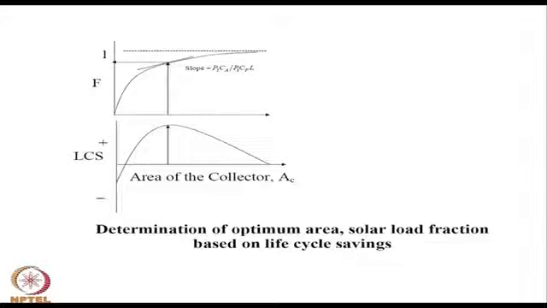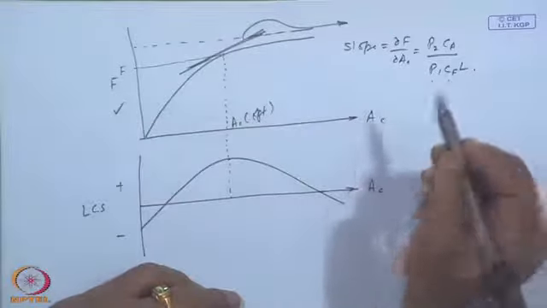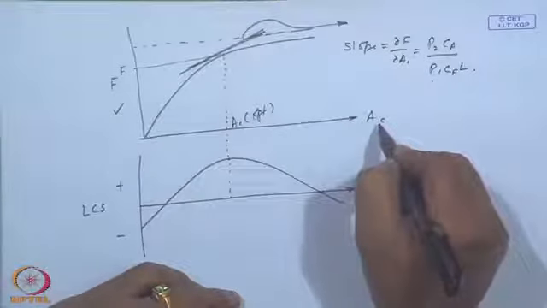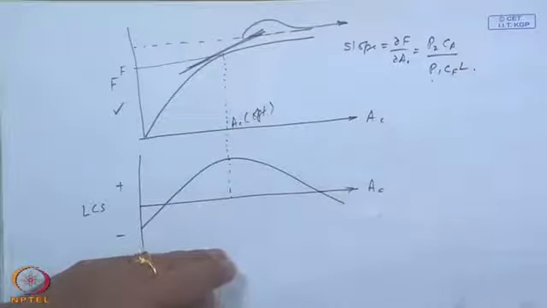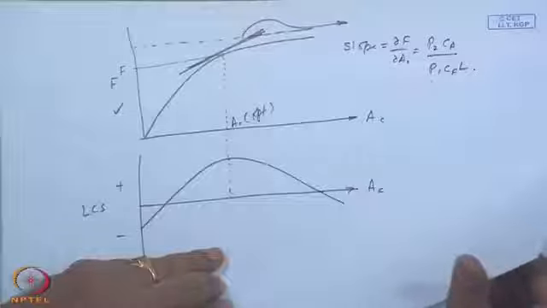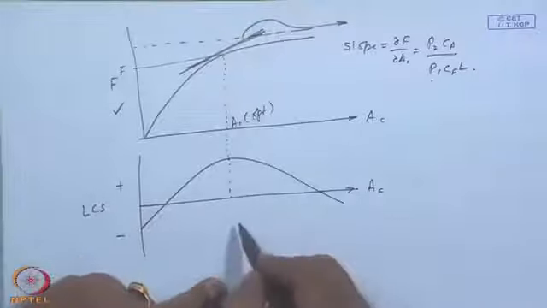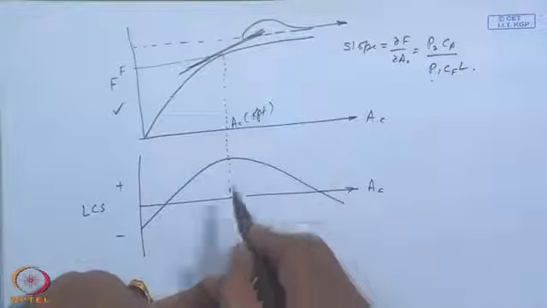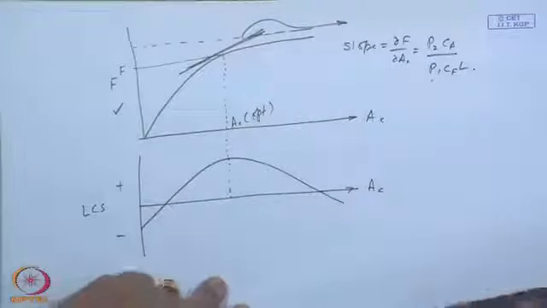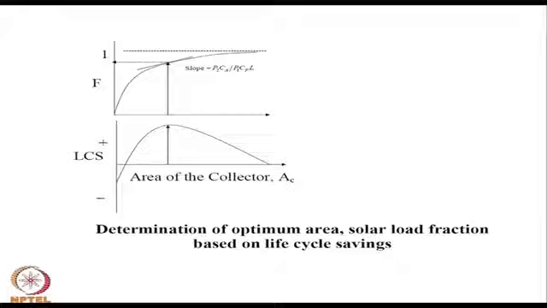Okay. So, that is how now you understand the importance of the solar load fraction versus the area curve for the long term performance, and that we have struggled through a large number of equations and methods to find out the F versus AC curve. That combined with the life cycle savings will yield what should be the optimum for the particular system or application under consideration.